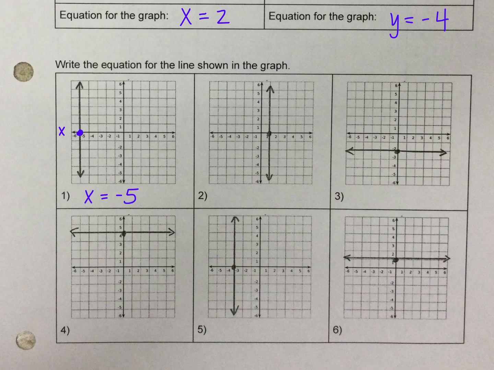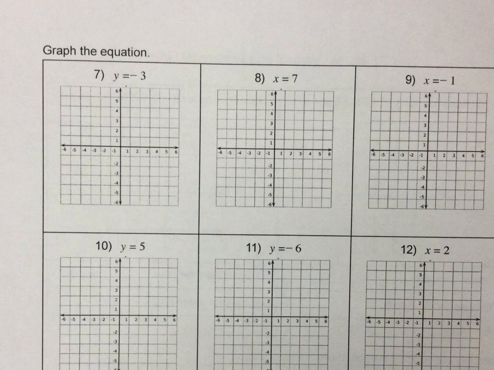Okay? So do that. Write the equation for each of these, 2, 3, 4, 5, and 6. When you're done, flip over to the back page. Okay, on this page, I've written the equation, but you have to graph it.